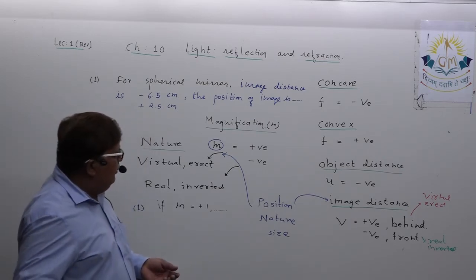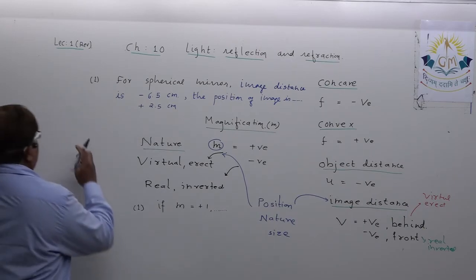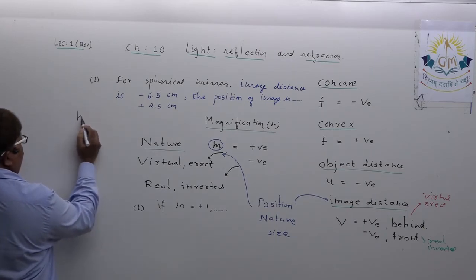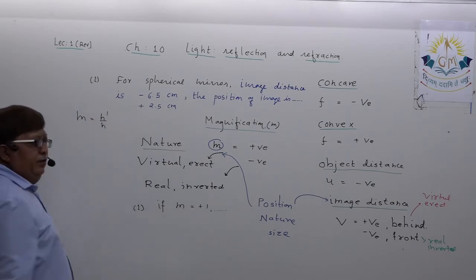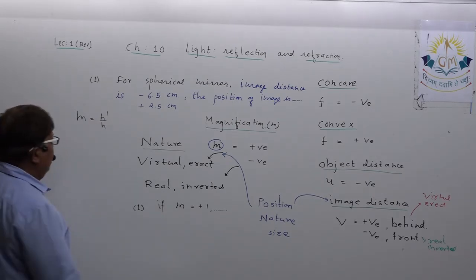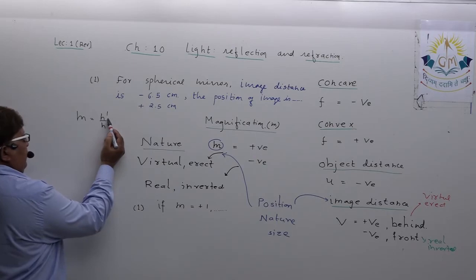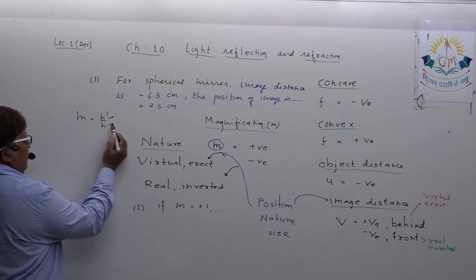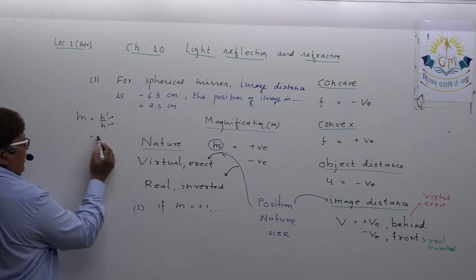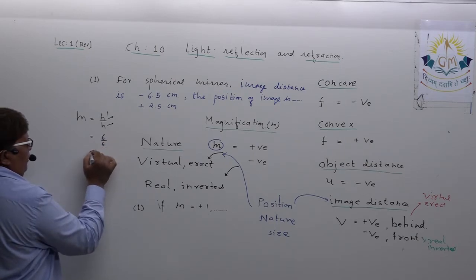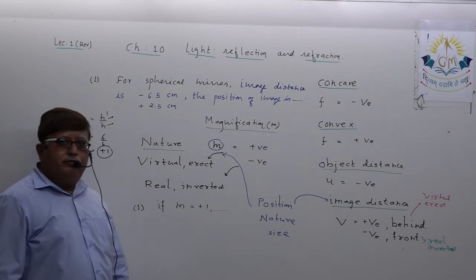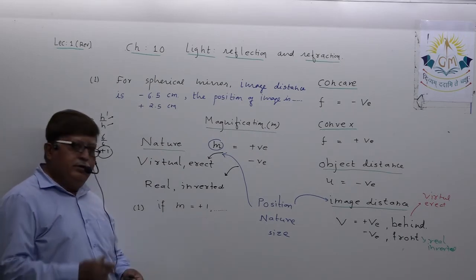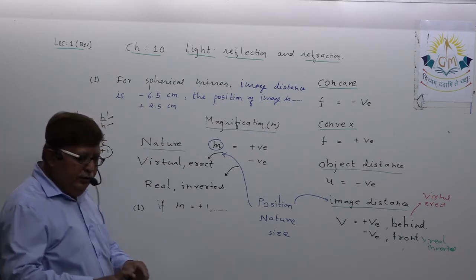Why, dear student? You know the formula. Who can remember the formula of magnification? H dash upon H. This represents image height, this represents object height. So both are suppose 6 and 6. The answer is going to be plus 1. So dear student, is it clear in your mind?